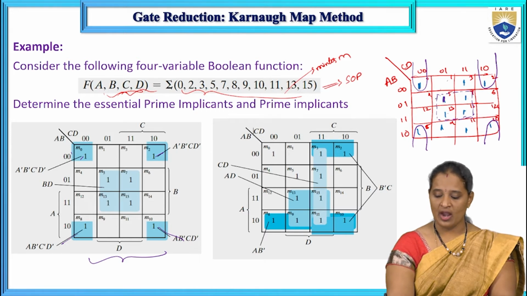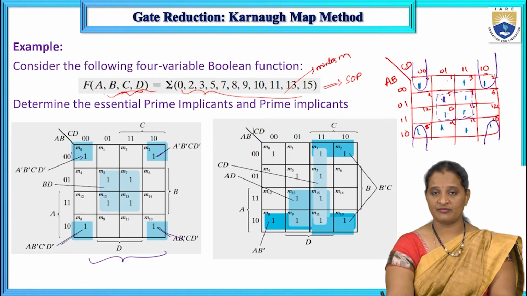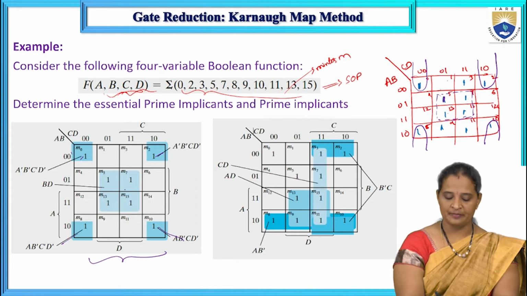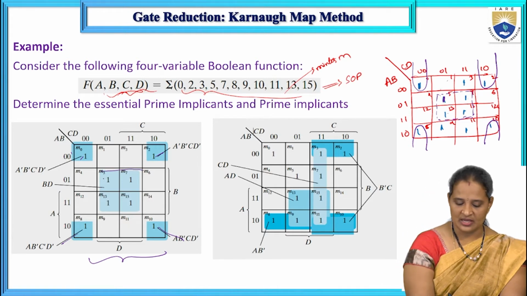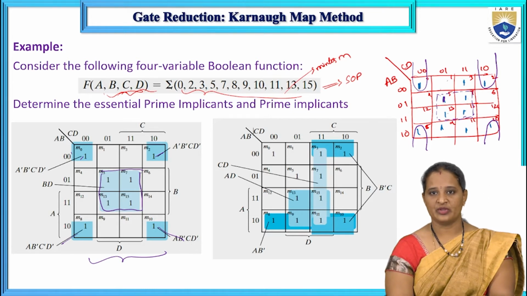So a quad can be formed such that min term 5 is covered. We have only one possibility, because we don't have a 1 here, and we don't have a 1 here. So this is the only possibility such that min term M5 is covered. So this is also an essential group, and it is represented here. So these two are the essential groups.